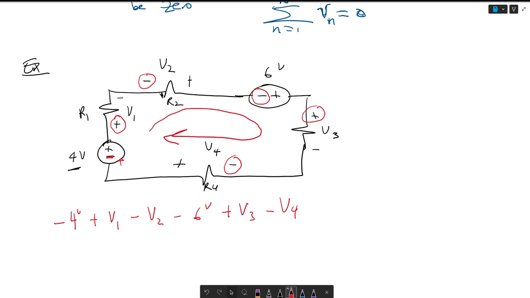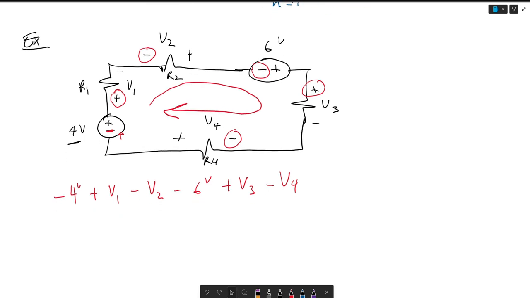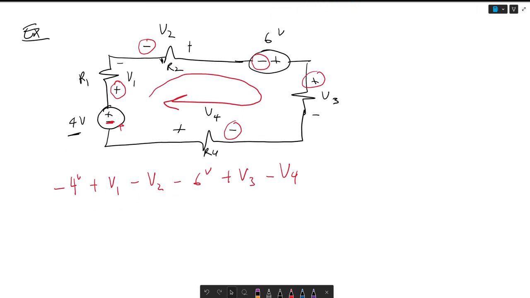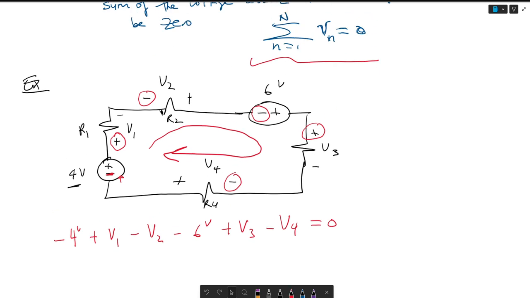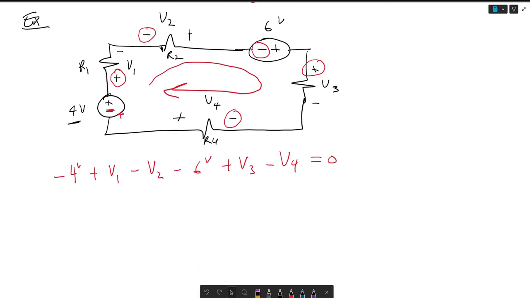Some other textbooks may use the sign convention of it exiting, and we'll do that next just to show that it's the same thing. So now, if I continue with this, I get that this is all equated to 0 per our trusted KVL proof or law.